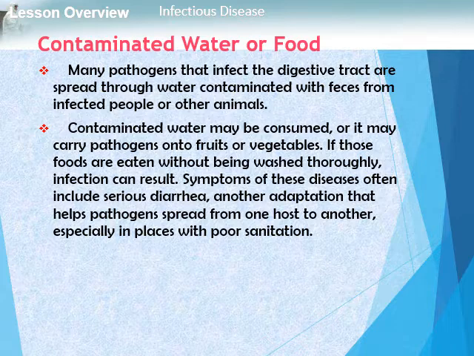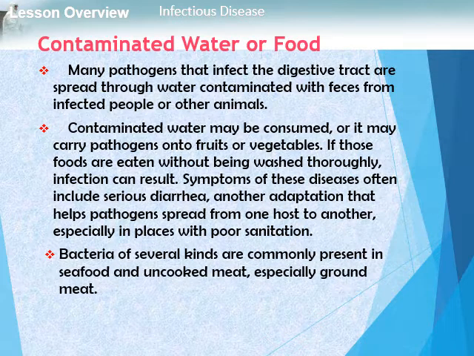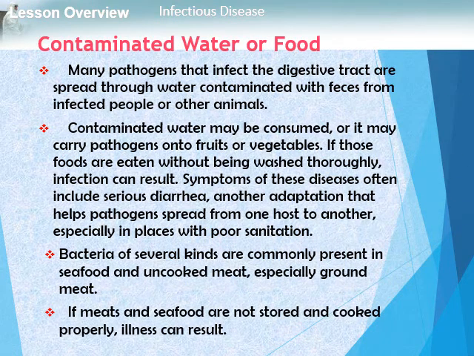Symptoms of these diseases often include serious diarrhea, another adaptation that helps pathogens spread from one host to another, especially in places with poor sanitation. Bacteria of several kinds are commonly present in seafood and uncooked meat, especially ground meat. So, the best way to control or avoid diseases that transmit by contaminated water or food is proper food storage and cooking.